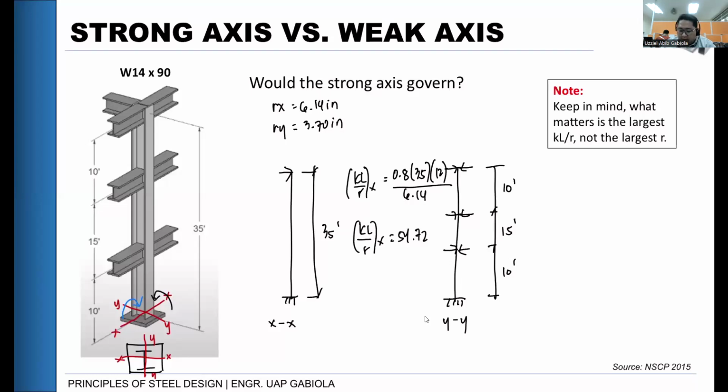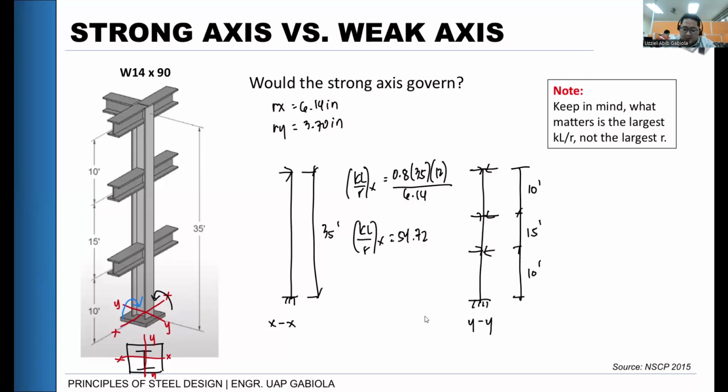Pagdating doon sa Y, madami siyang segments, so kailangan mong kunin siya individually. Meron tayong first segment, second segment, and third segment. First segment, ang KL over R niya, ito ay pin, so ibig sabihin 1.0 yung K natin. Length natin is 10 times 12 over RY 3.7.